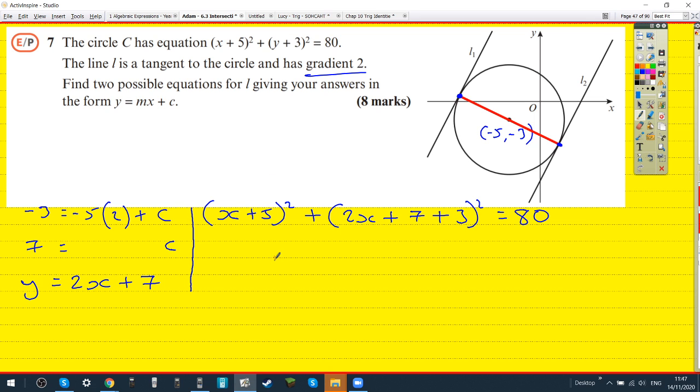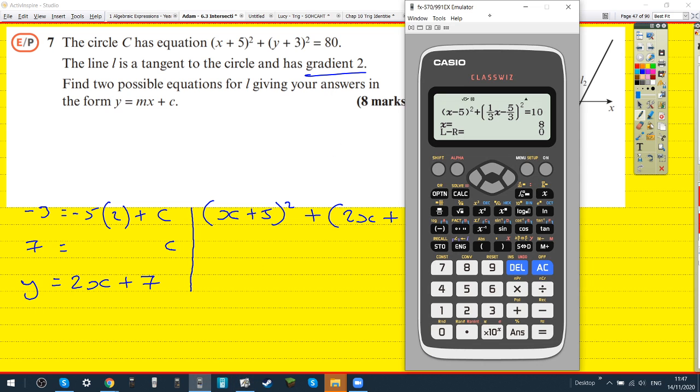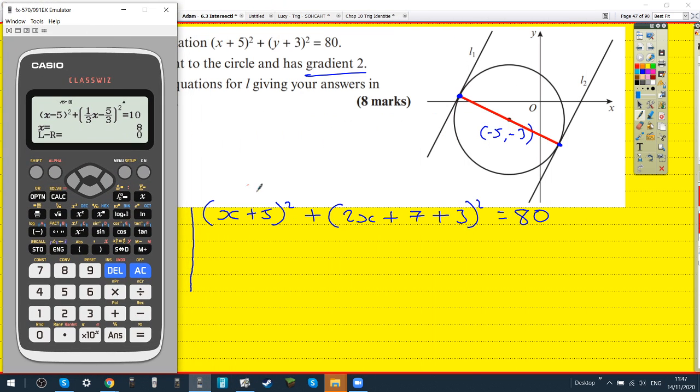Could you use quadratics? Yeah, you could fully expand both brackets if you wanted. Or you could just put the whole thing in the calculator, that'll also work. But the thing to watch for is that it's a quadratic, so there's two solutions.